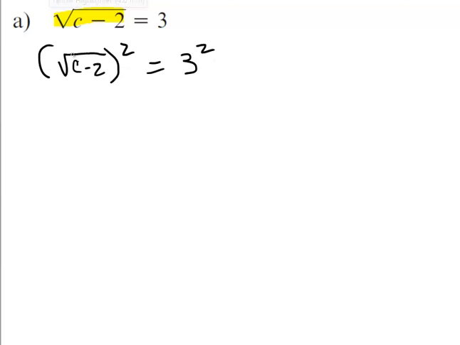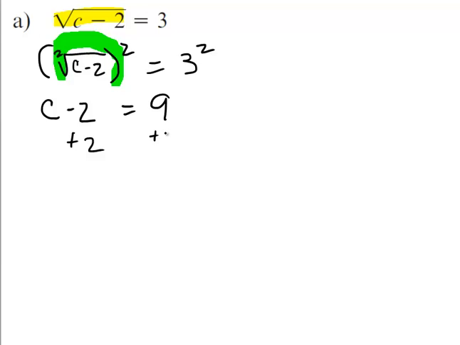Remember, if I am squaring, here's my secret too: if I can make a rainbow, c minus 2 comes out. And here, 3 squared is 9. And all of a sudden, you're in familiar territory. You know what to do to solve for c. I'm going to add 2 to both sides, and c will equal 11.